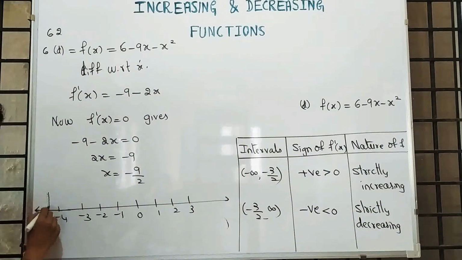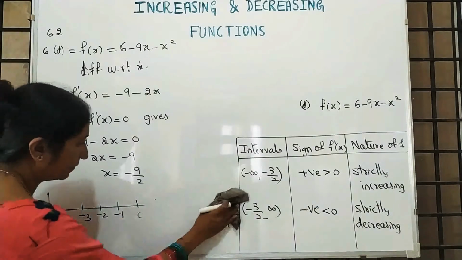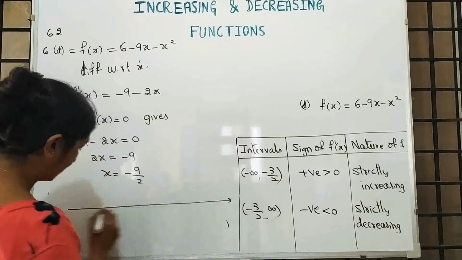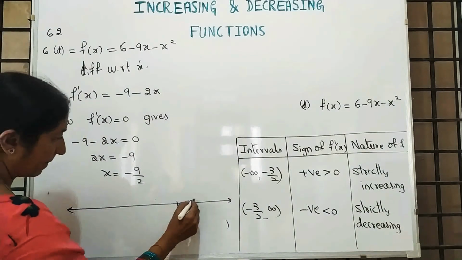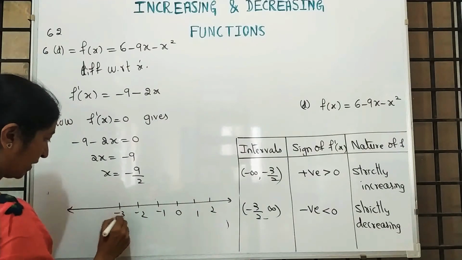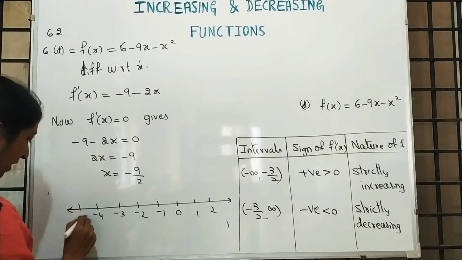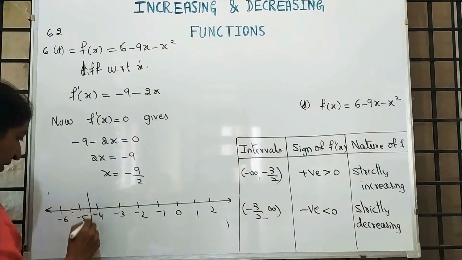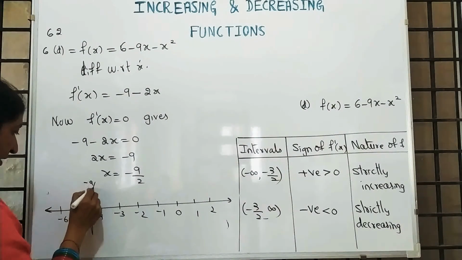It is -4.5, between -4 and -5, here. It is -9/2.